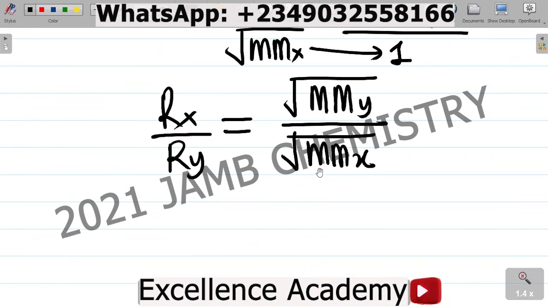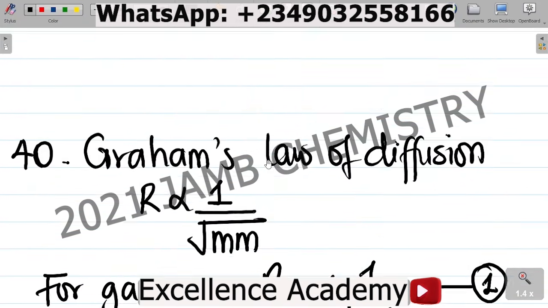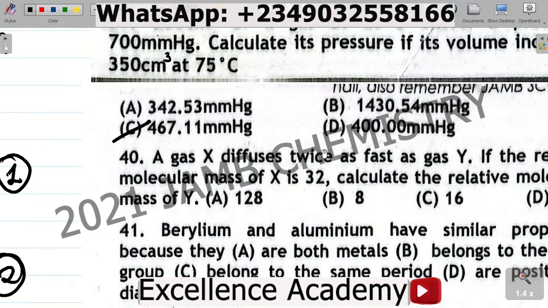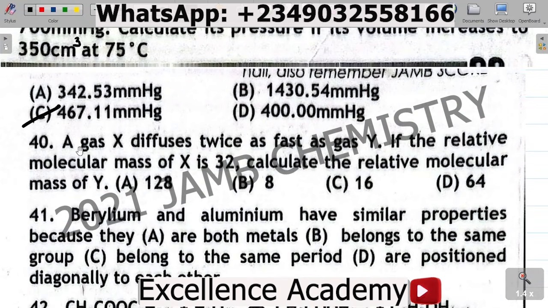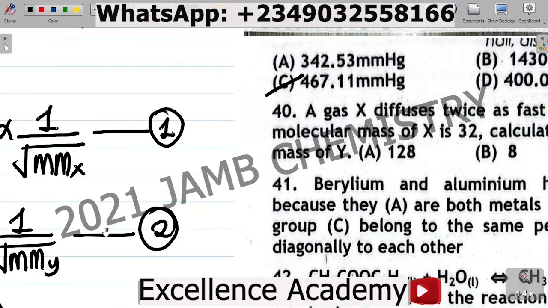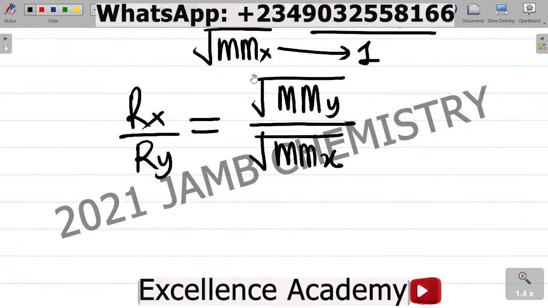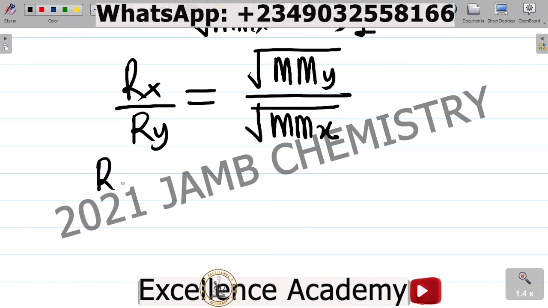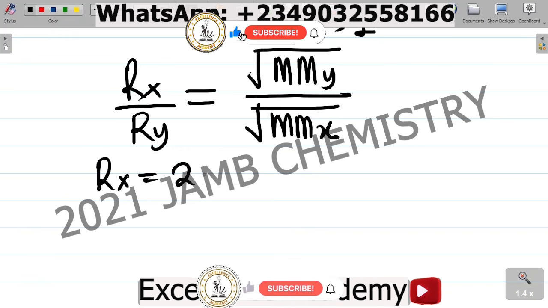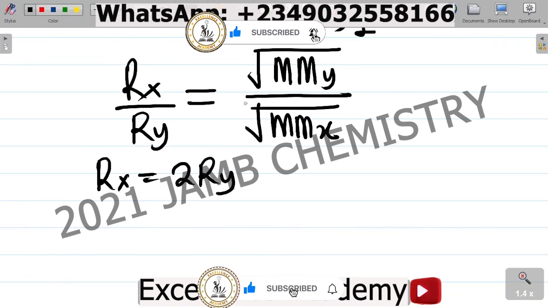Again, coming back to question 40, a gas X diffuses twice as fast as Y. That means the rate of diffusion of X is equal to twice, that's 2 times that of Y. So we are saying that Rx is equal to 2Ry.